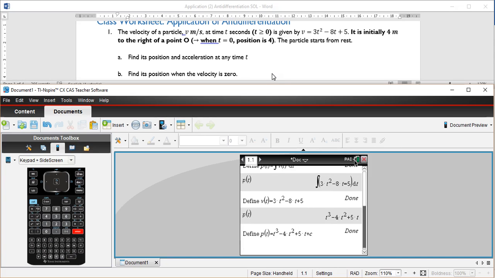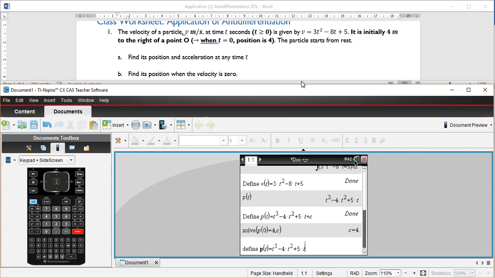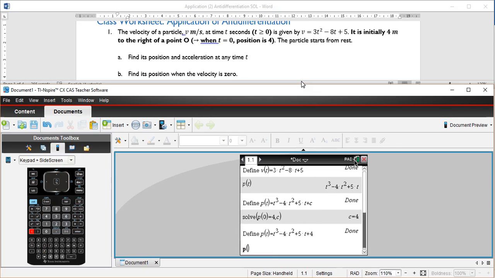You know that when t equals 0, the position is 4. So p of 0 equals 4, and you're finding c, so c equals 4. And just to make things easier, I'm going to redefine p of t for the last time, but now adding 4 as c. So check. There you go.